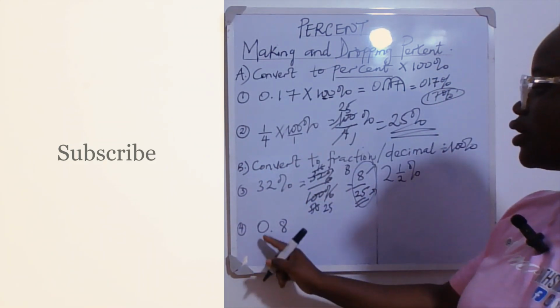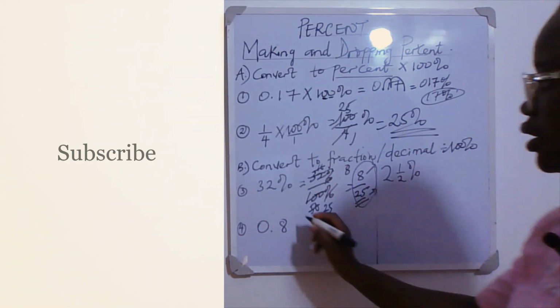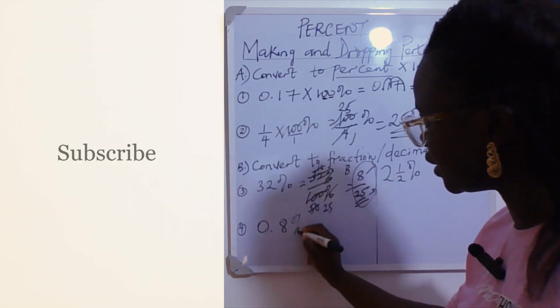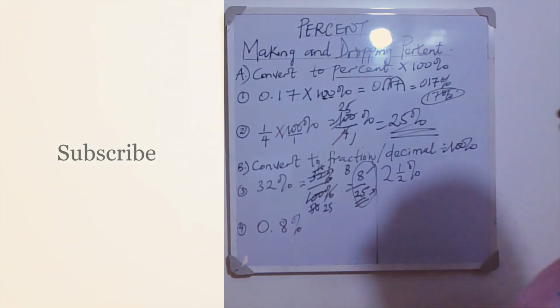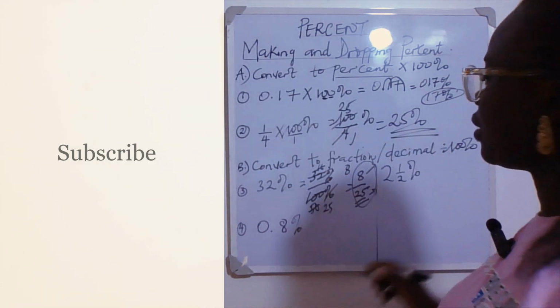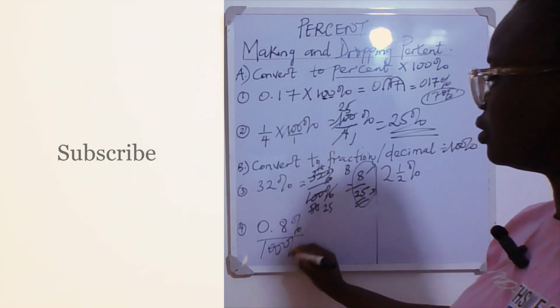Now we want to convert 0.8%, sorry, which is a percent, to a decimal. So let's do that. Remember, we are dividing it by 100. So we divide this by 100%.